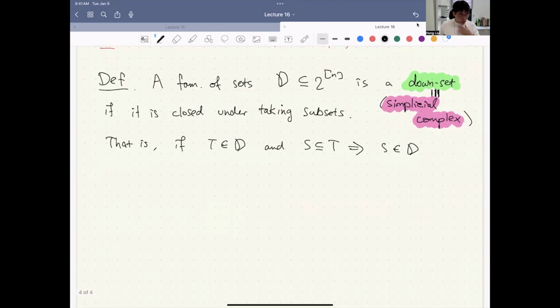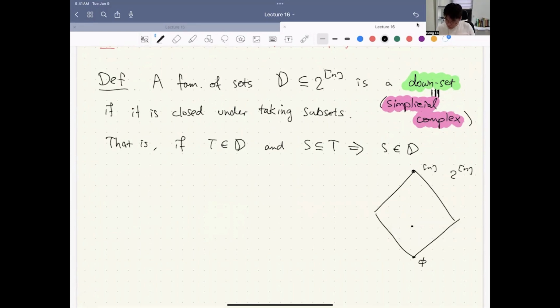So let's draw a picture. I think the way I want to visualize it is, again, let's look at this Boolean lattice. The top is the family of all sets. The bottom is the empty set. Okay, so what is a downset?